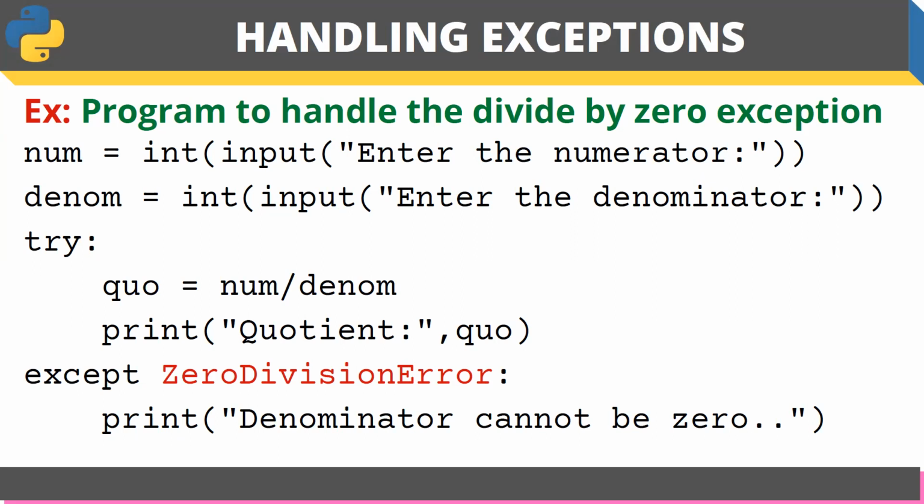Then except ZeroDivisionError: print denominator cannot be 0. So we are simply printing our message. Normally, without this except block, it simply displays the division by 0 error.